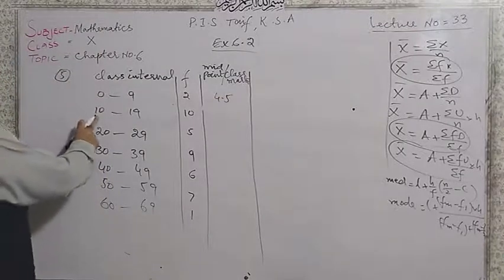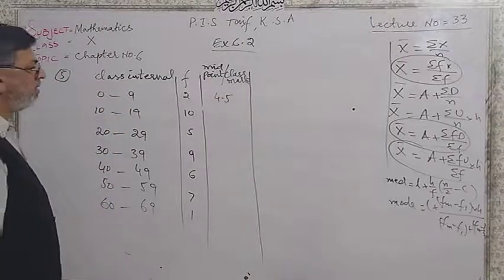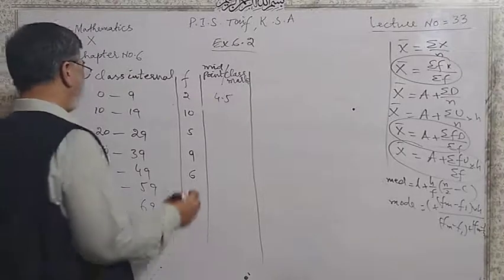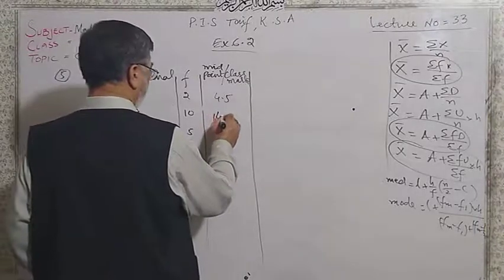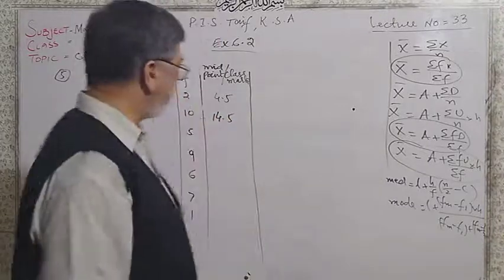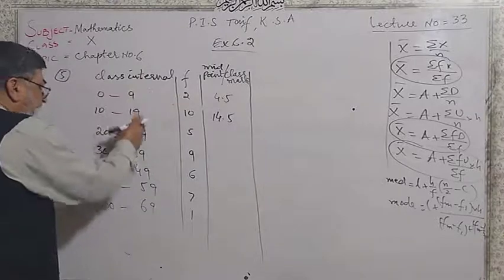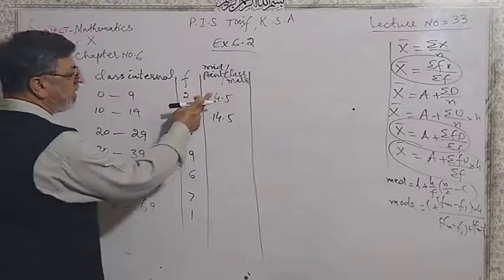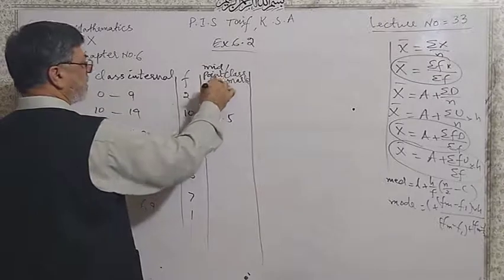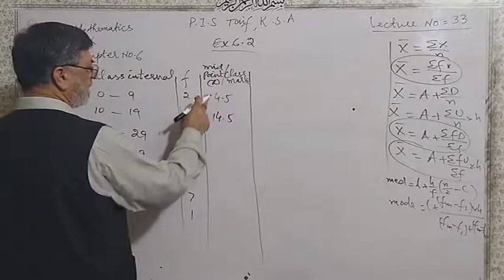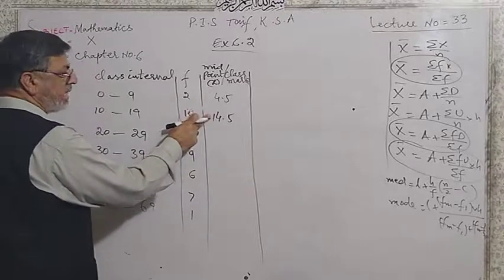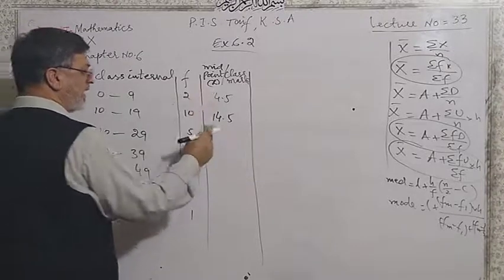Similarly, 10 plus 19, 29 and divided by 2, it will be 14.5. Yes, 14.5, because the gap is same. Here the distance between midpoints or class marks is also same. So this is 10. Gap is 10 because second minus first you will get 10.